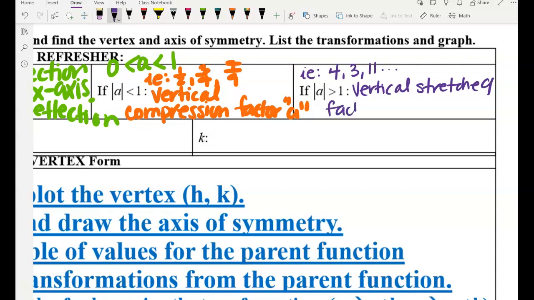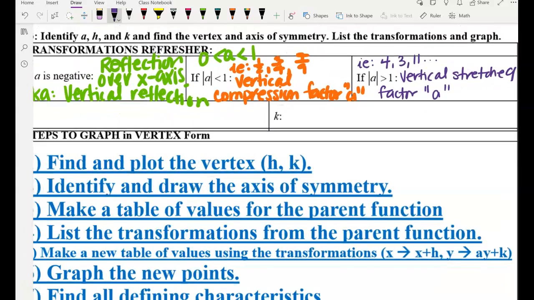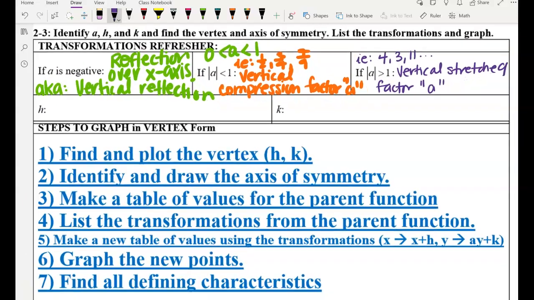Factor of whatever number that is. Factor of, if a is 4, then factor of 4. So whatever a value. Now, if you guys remember, h is going to be a translation to the left or right. So if you have a positive h, then it's going to go right.